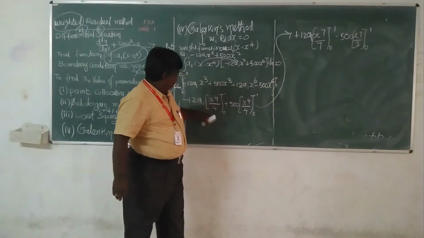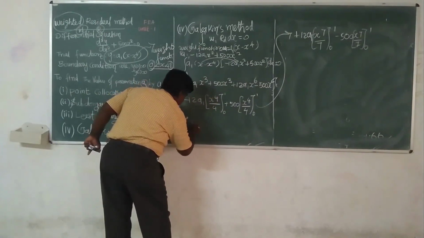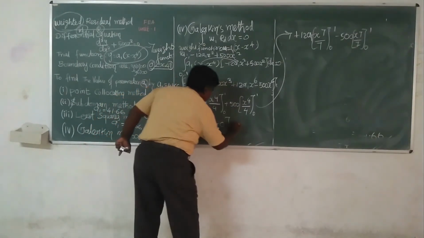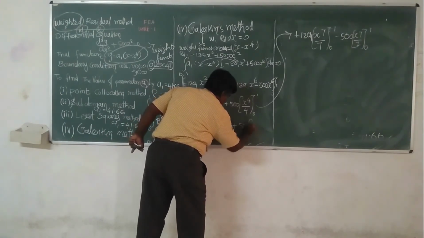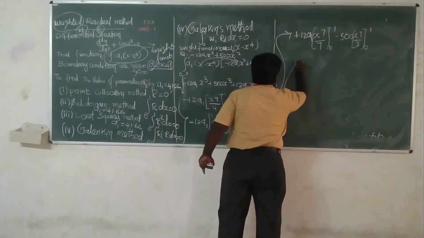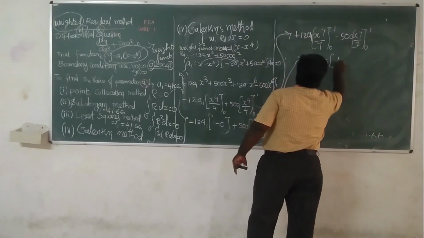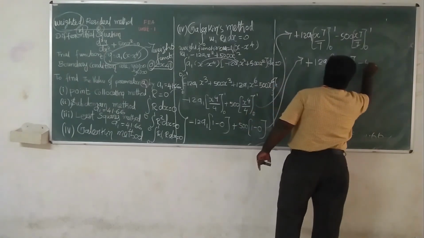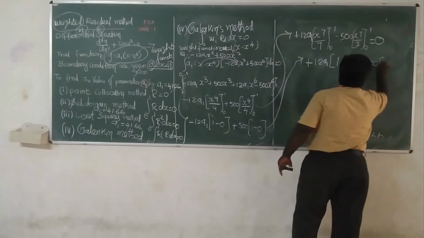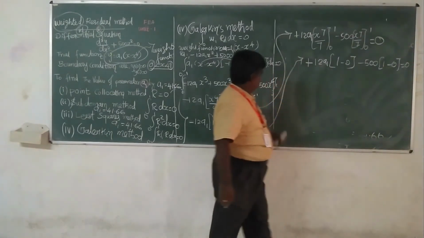Is it correct? Yes, sir. Then apply the limit values: a1 into 1 minus 0, plus 500 into 1 minus 0, plus 12 a1 into 1 minus 0, minus 500 into 1 minus 0. Apply all the limits carefully by using your calculator.